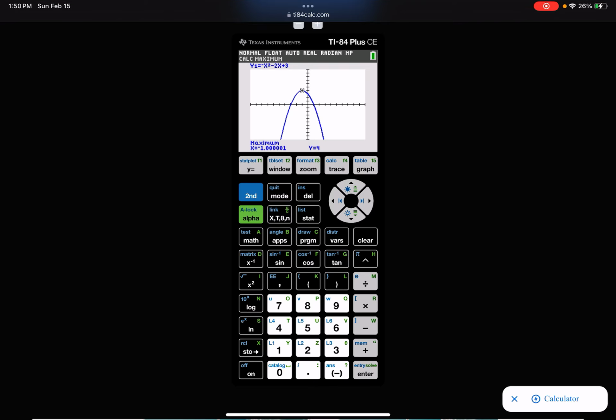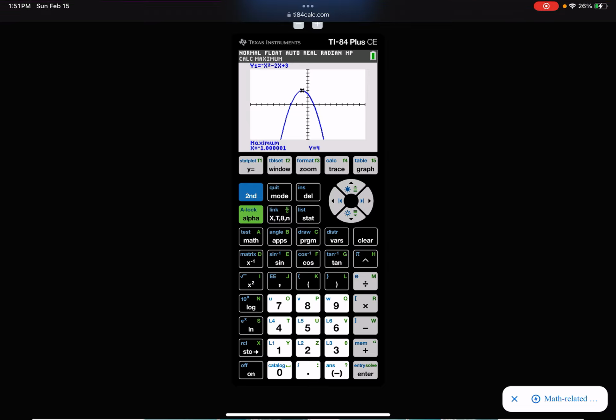So remember I'm going to write down this point. For the x value, -1.00001, I'm going to go ahead and just round that to -1, because if your calculator gives you a value that's really, really close to a number, it probably just means that it's that number, which is -1.